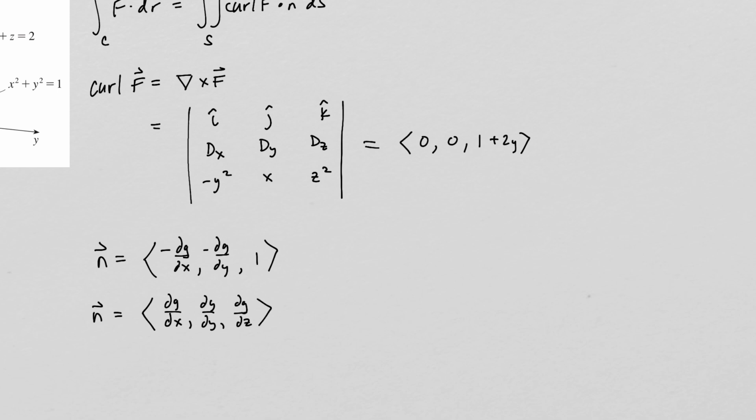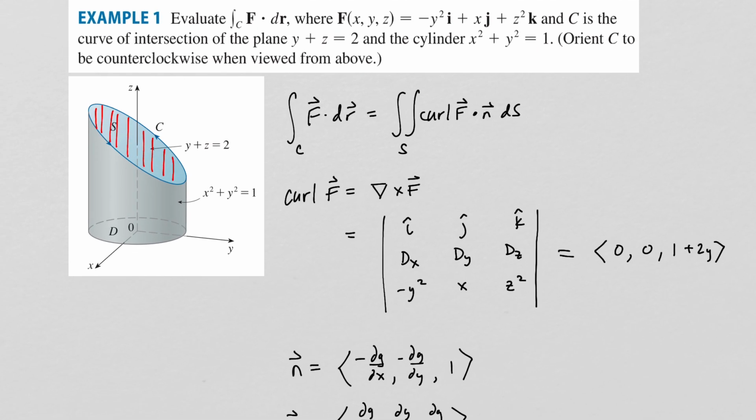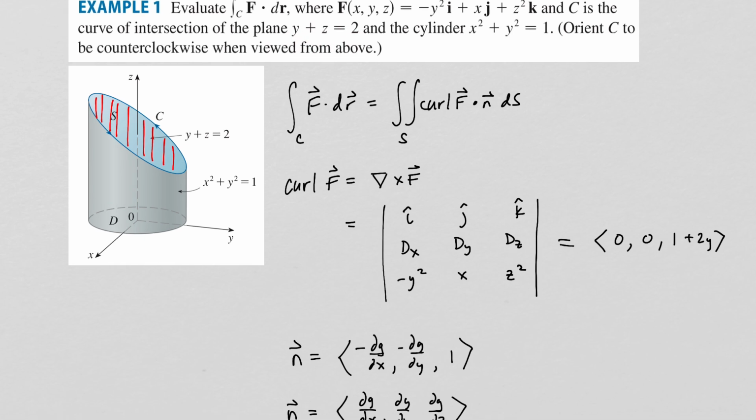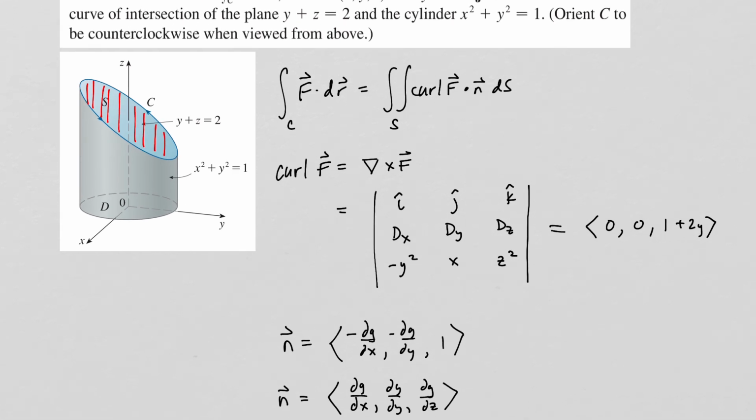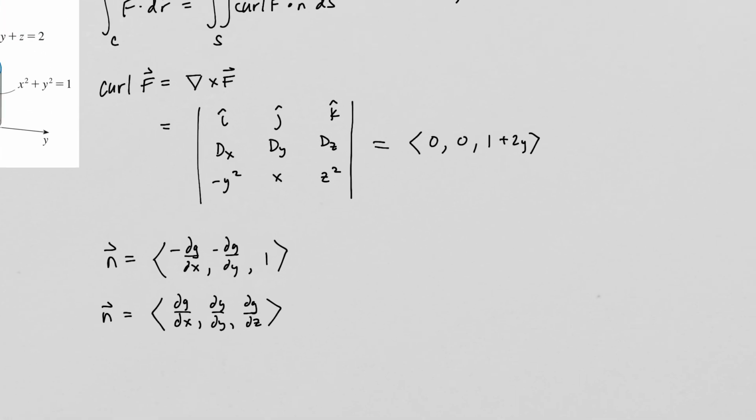So it all depends on how our surface was given. But our surface was given as y plus z is equal to 2. So we can think of that as z equals 2 minus y. Okay? So our g of x, y, which is our surface, is simply 2 minus y.